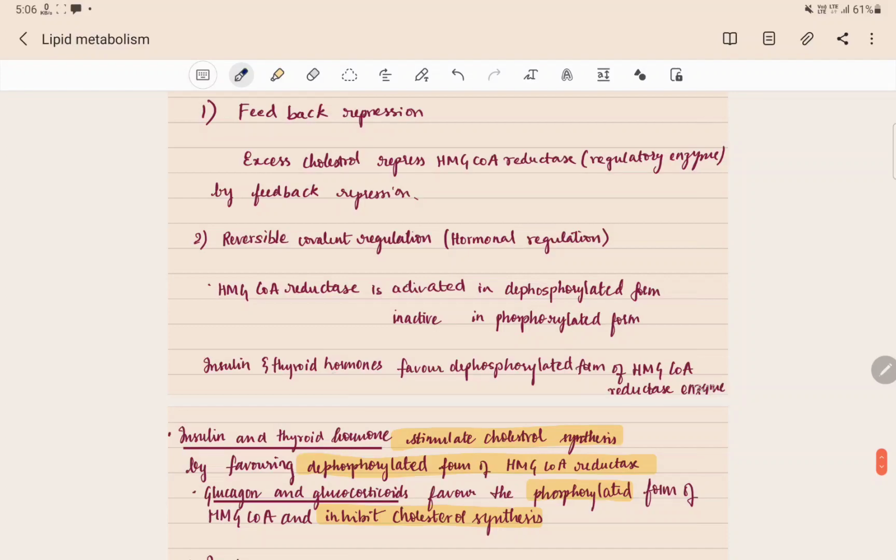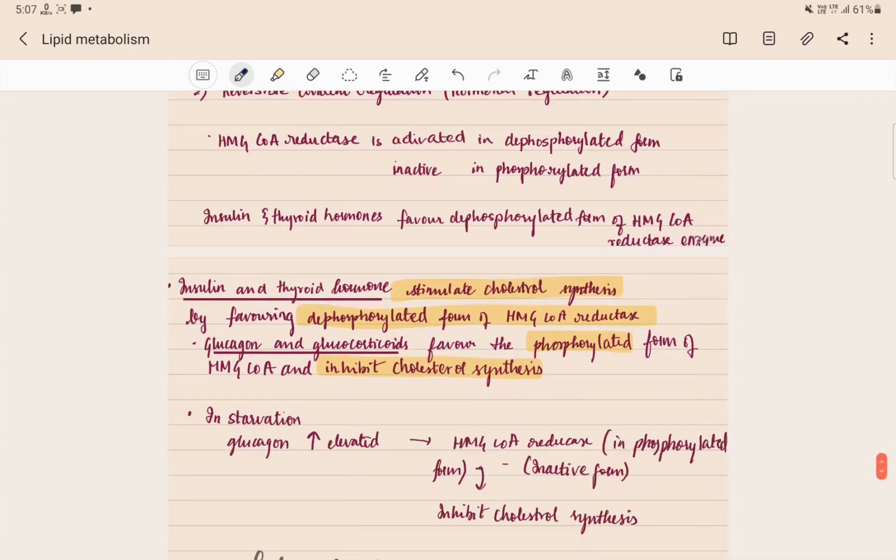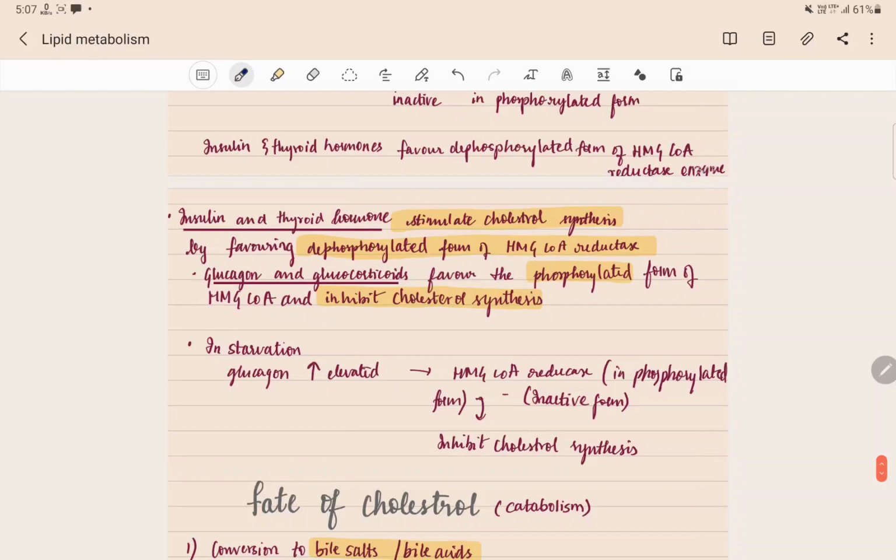Insulin and thyroid hormone act when there is excess glucose, so we can afford cholesterol synthesis. These two hormones dephosphorylate the HMG-CoA reductase, which stimulates cholesterol synthesis. Glucagon and glucocorticoids are the reverse of insulin.